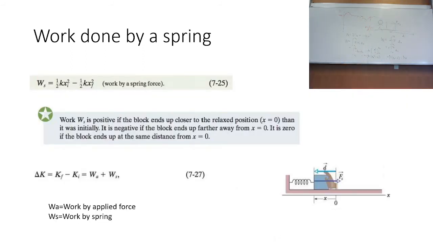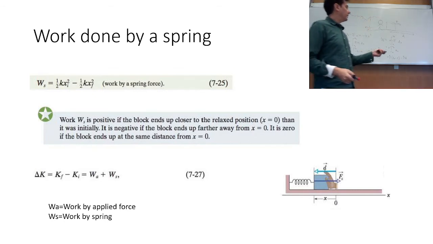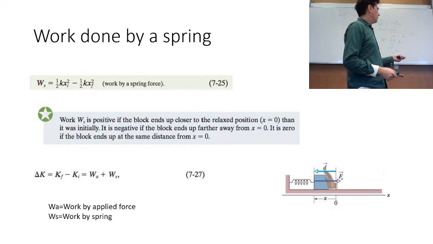So we can work out a couple of basic facts about the work done by springs. That's the formula, but let's see what this says. The work is positive if the block ends up closer to the relaxed position than it was initially. It is negative if the block ends up further away from x equals 0.